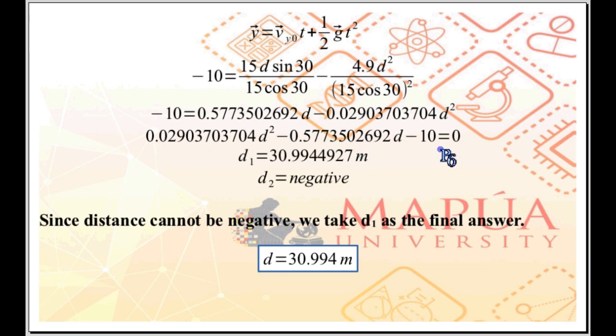And again, when you use the quadratic formula, you get two answers. You have D1 and D2.